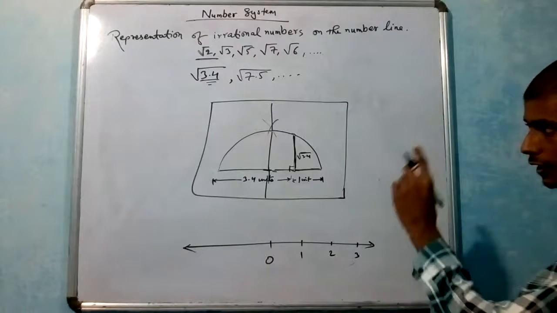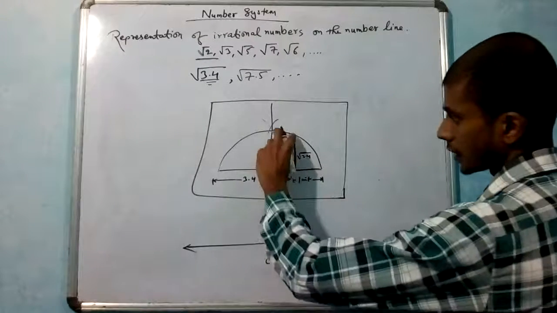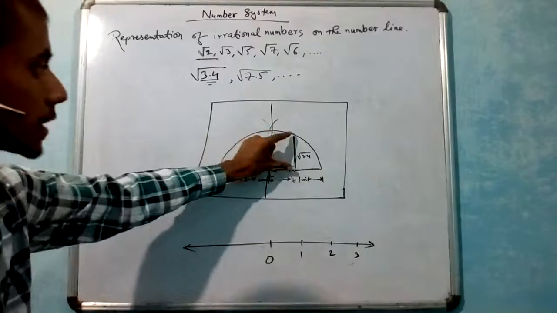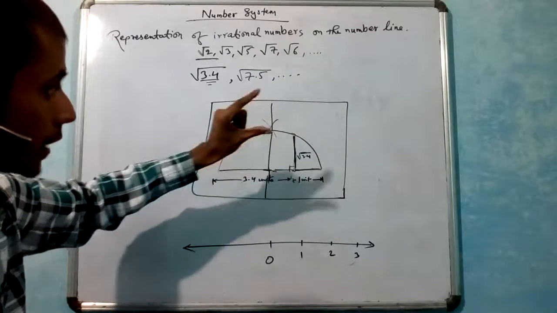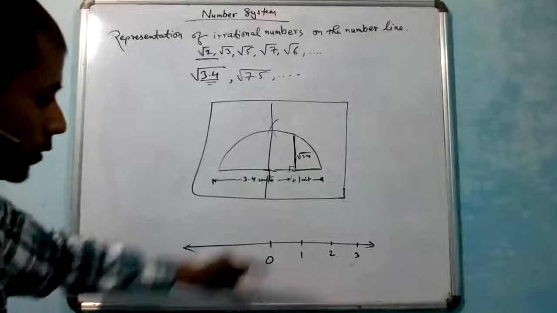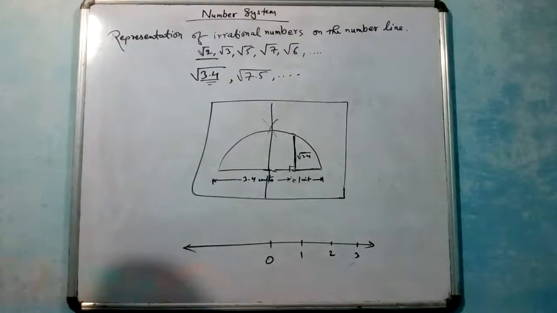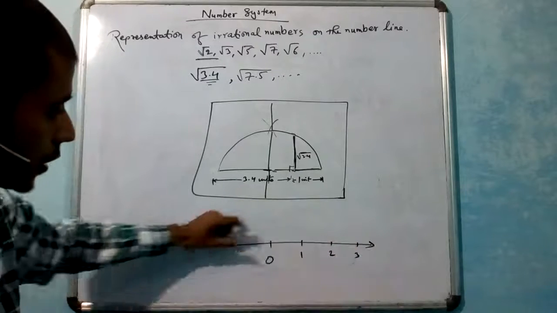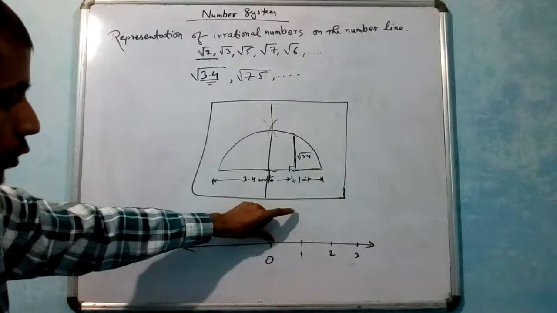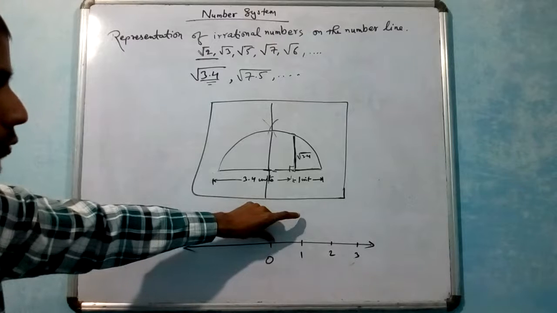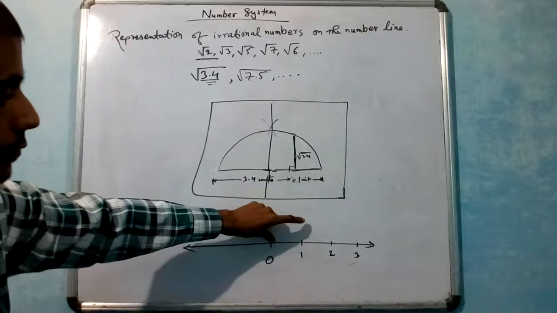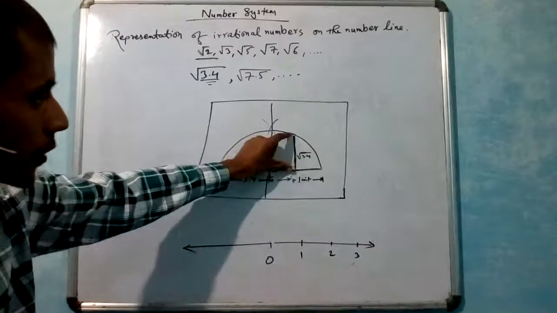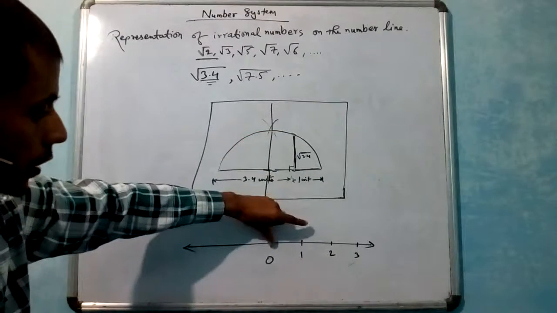So next what we have to do? We have to take our compass and we have to measure this length. Okay, and then come to the number line, keep your needle at 0 and then mark the same arc.